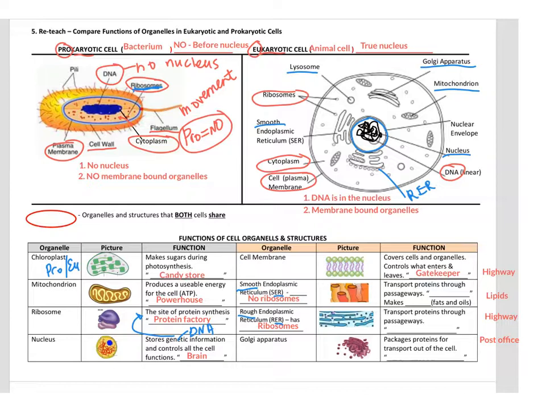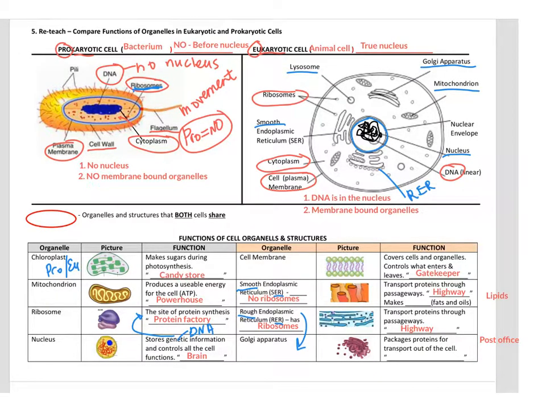Endoplasmic reticulum looks like a network of passageways that can be compared to a highway, and endoplasmic reticulum uses this highway to transport proteins that are made by ribosomes. So the proteins made by ribosomes are being transported by endoplasmic reticulum to Golgi apparatus.